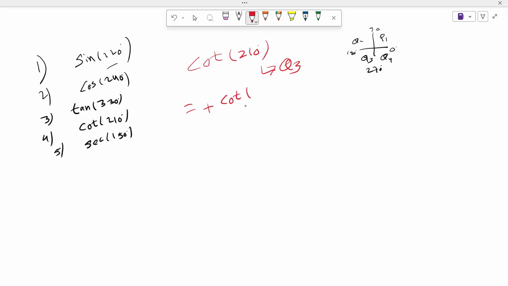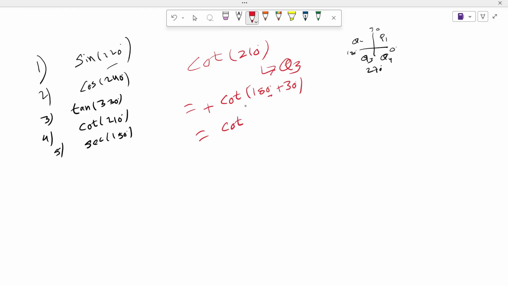So in quadrant 3, cot is defined, so we will get a positive value for this one, and then we'll split the angle into two parts. How can we do this? As I told just now, we have to use an even number only. So we will take 180 plus 30. Next, we need not write the plus here, because in mathematics, if nothing is there it means it's positive only.